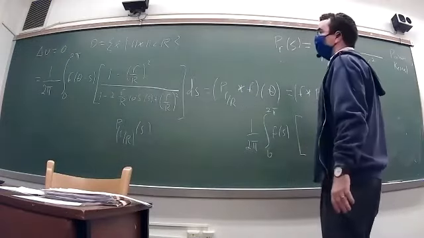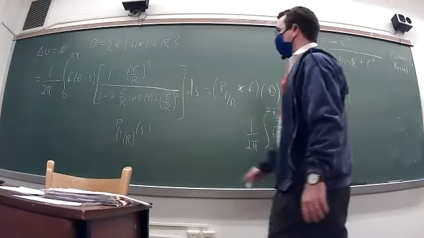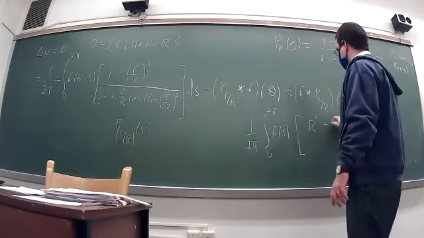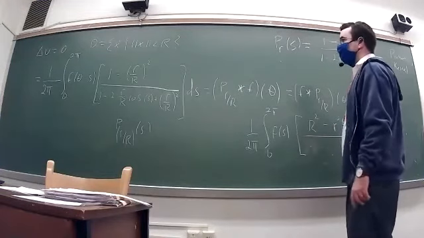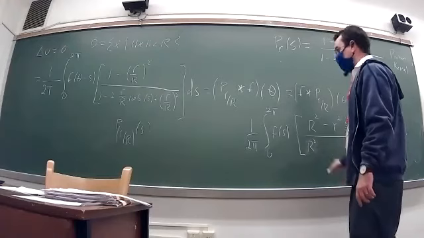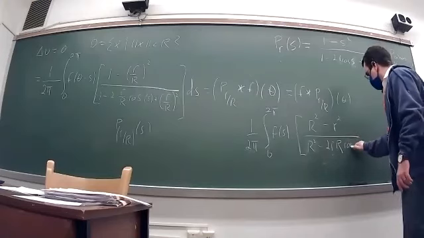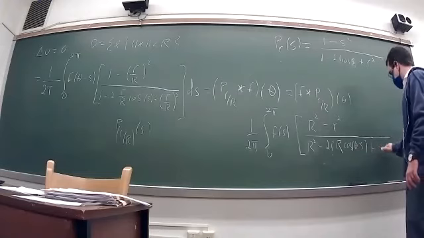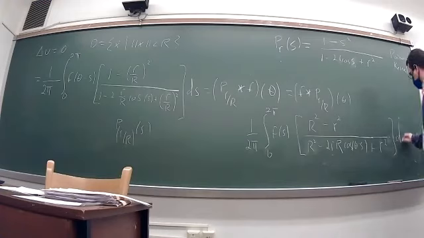And if you also multiply and divide by r squared, you end up with capital R squared minus r squared over R squared minus 2 little r capital R cosine theta minus s plus little r squared ds. That's the official Poisson integral formula.